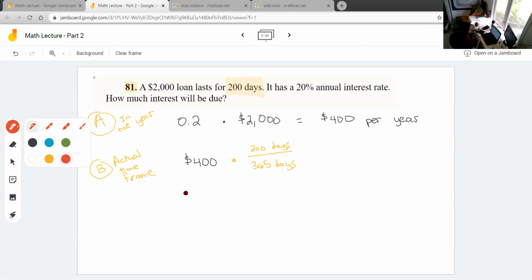Now in my calculator, remember that fraction bars are the same as division. So I can do 400 times 200 divided by 365.